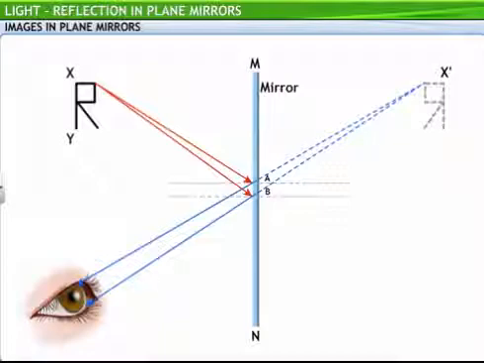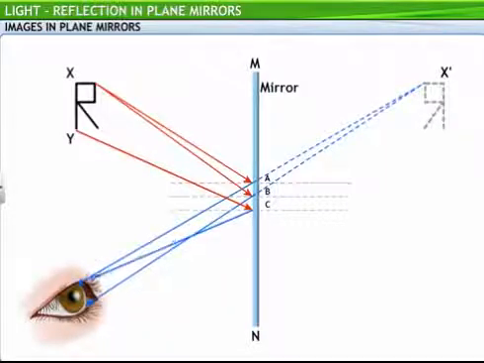Consider one more point Y on the object. A light ray from Y on the object is incident on the mirror at C, and the reflected ray travels to the eye. Similarly, another ray from Y on the object is incident on the mirror at D and is reflected to travel to the eye.